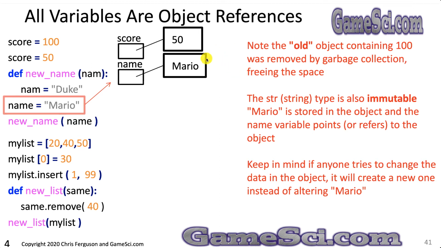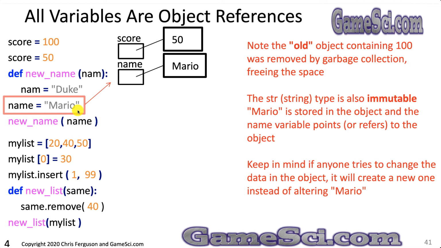There used to be an object that contained 100. But when we switch to a new object with 50 in it, the old object gets collected by garbage collection, and that memory is freed up so it can be used for something else. What is it being used for? How about a string? Also note we jumped over the function definition to the next executable line of code, and we said name equals Mario.